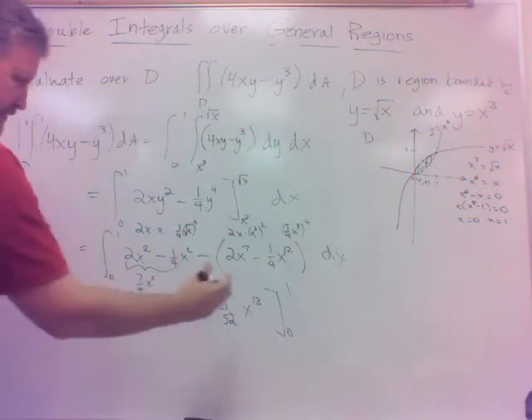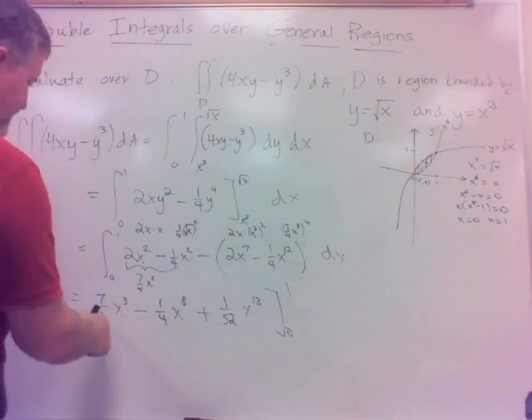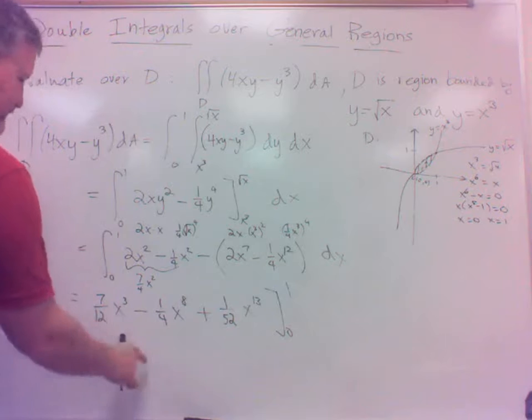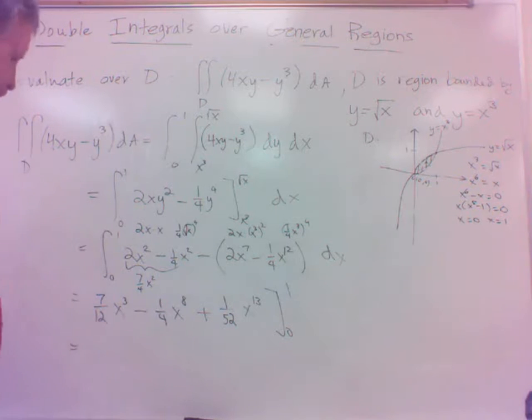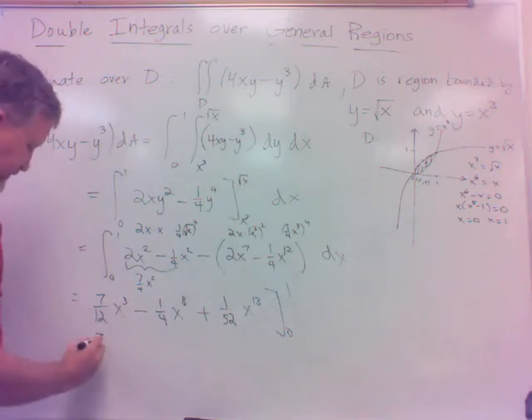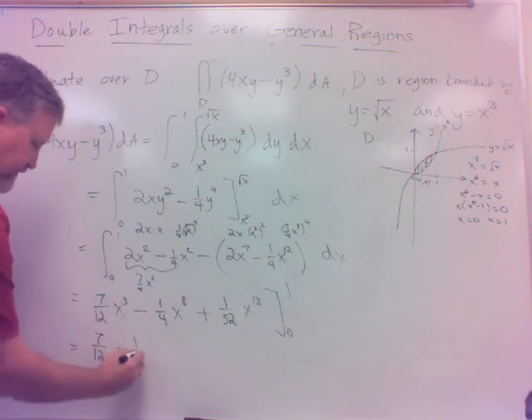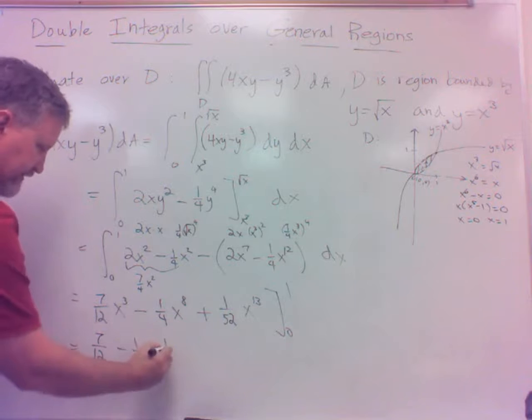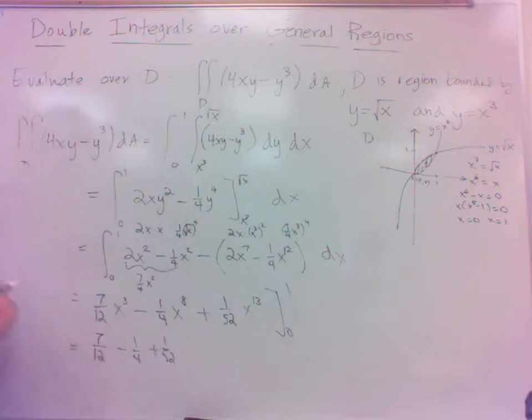So 1 and 0, they were nice about that. That's just going to be 7/12 minus 1/4 plus 1/52. Basically what it turns out, right? If x is 1, we just get the fractions there. If x is 0, everything's 0. So it's just 7/12 minus 1/4 plus 1/52.